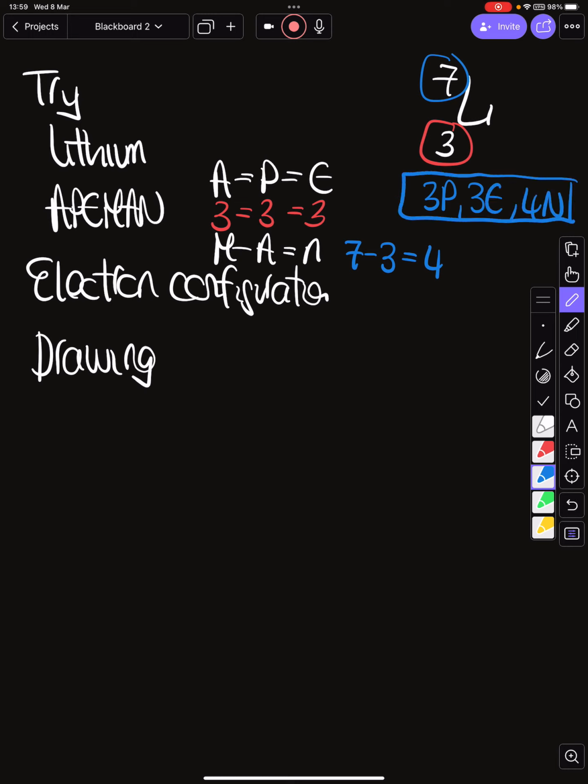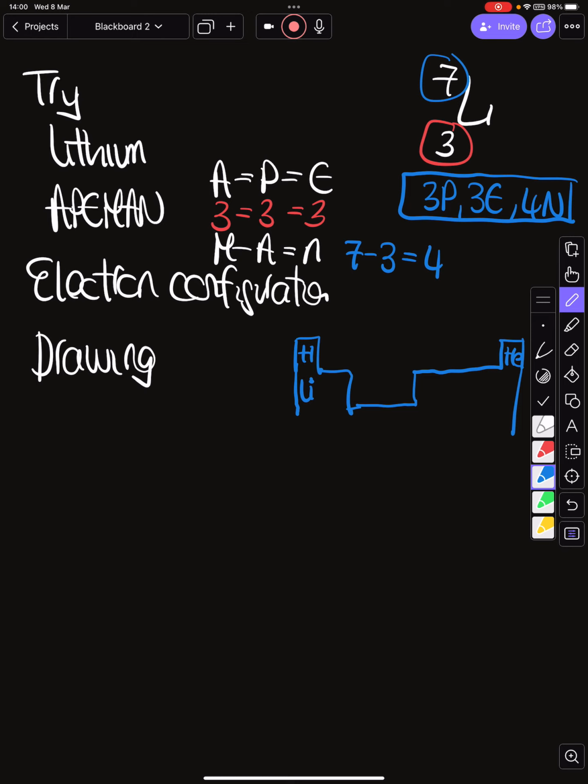And I'm going to need this information from my diagram. If I go and look at my periodic table, it looks a little bit like this. This is going to be hydrogen, this is going to be helium, and this is where lithium lives. So I now have to write my electron configuration, and I do that by looking at how many rows I have to get to lithium.